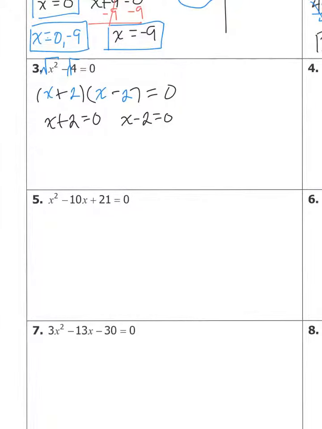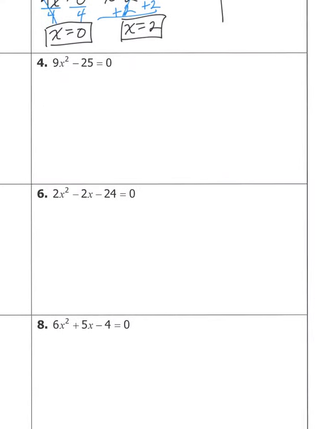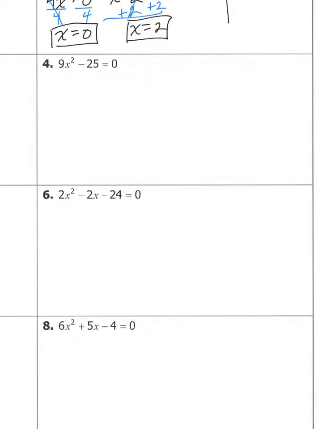And then solve for x. So I've got x equaling -2 and +2. So go ahead and try number 4 on your own. Pause the video and then restart it.